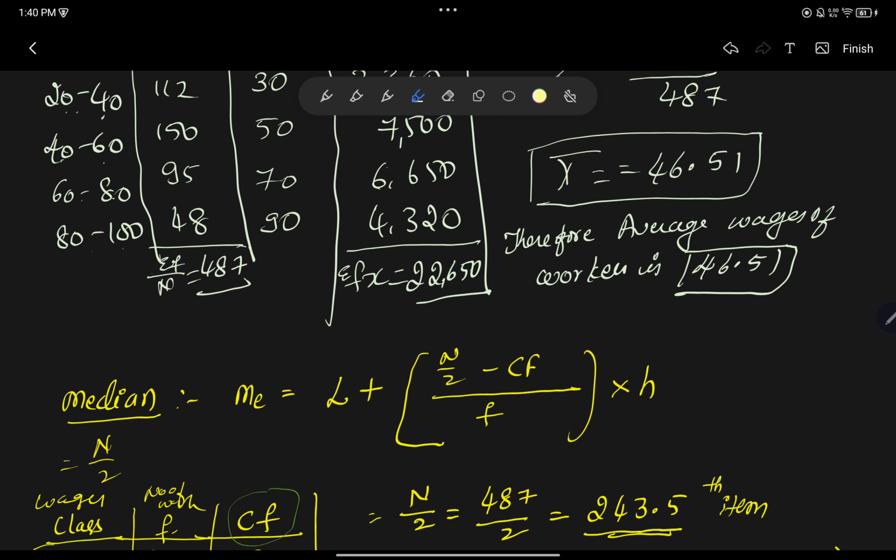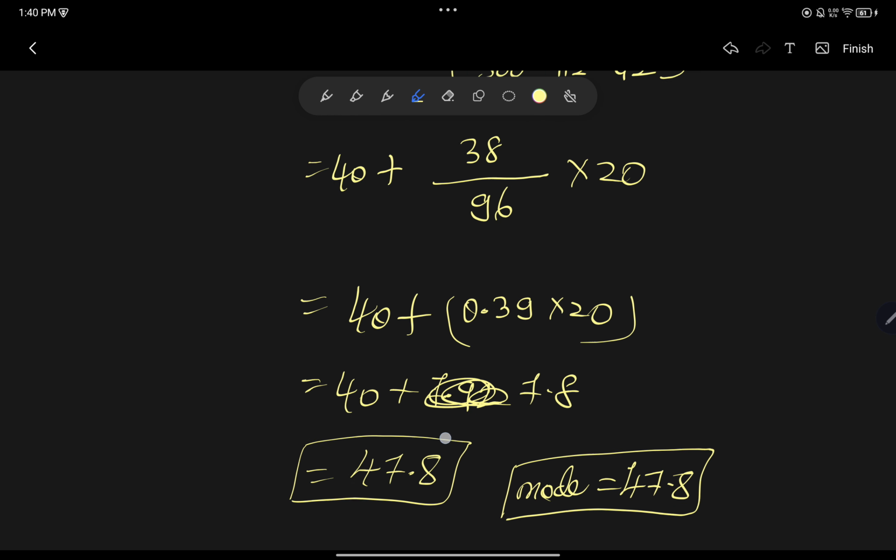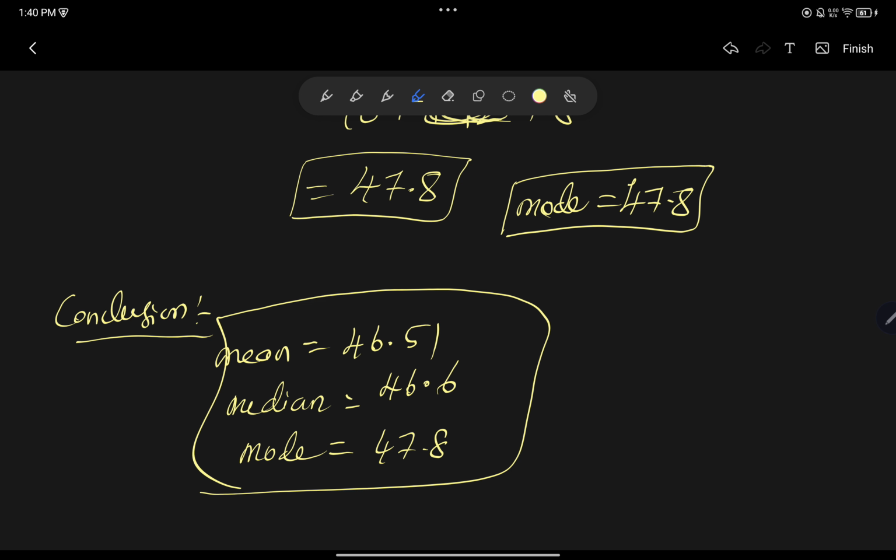Mean was 46.51. Median was 46.6. Mode is 47.8. This is the answer. If you solve like this, you will get 15 out of 15 in your examination.